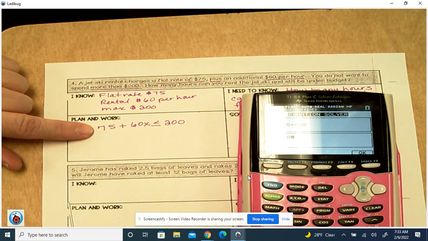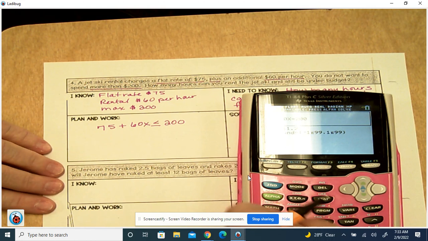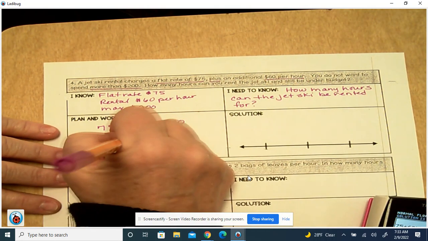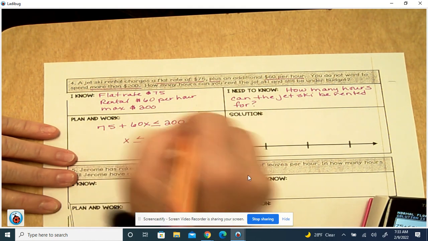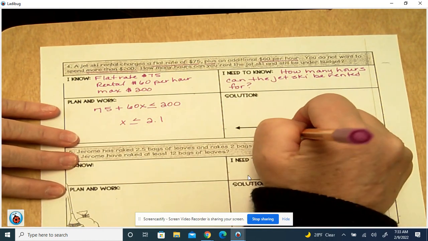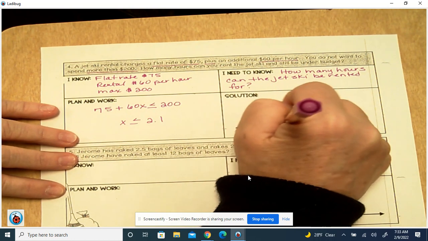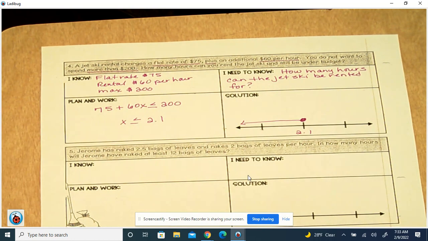Come down here and do 200. Enter. Alpha. Enter. 2.08, which rounds to 2.1. Come over here to 2.1. Closed circle. Shade it to the left.